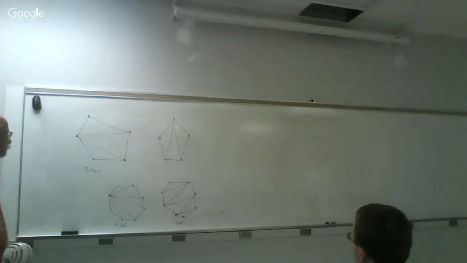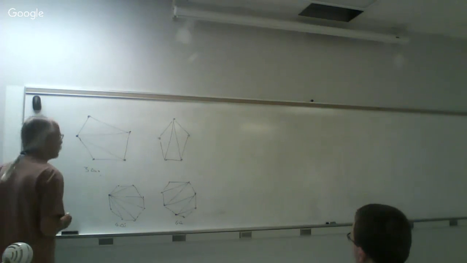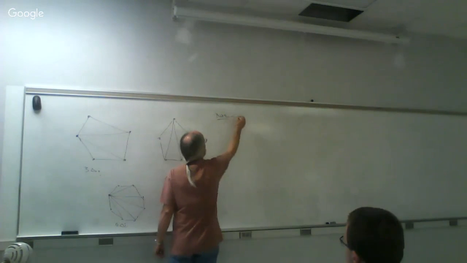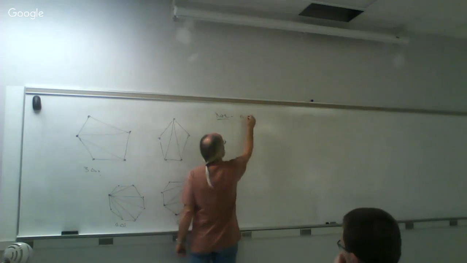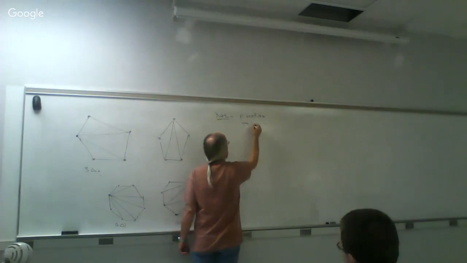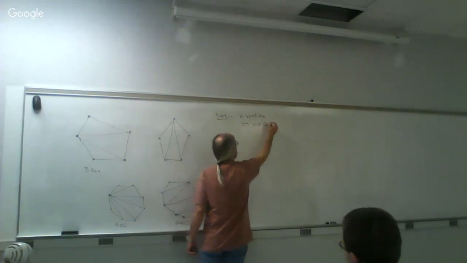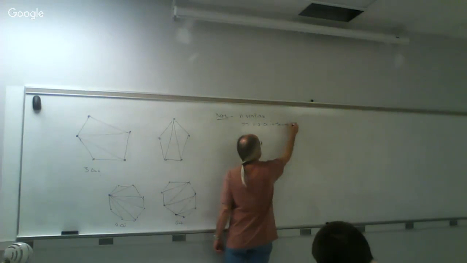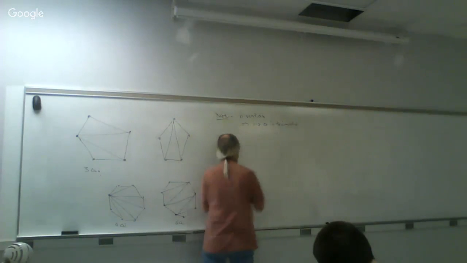So I guess there's 2 things here. The first is something that we already know, and that is if I've got n vertices, then I get n minus 2 triangles in triangulation. We already knew that.